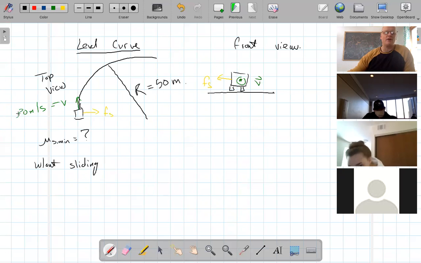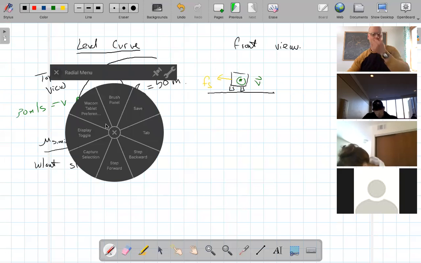Again, I'm moving at 30 meters per second, the corner has a radius of 50 meters, and I want to know the smallest coefficient of static friction which will cause me to move through this circle.